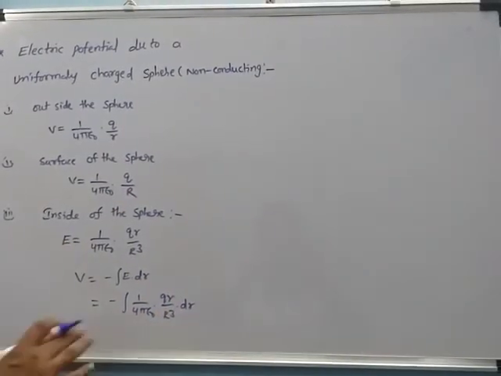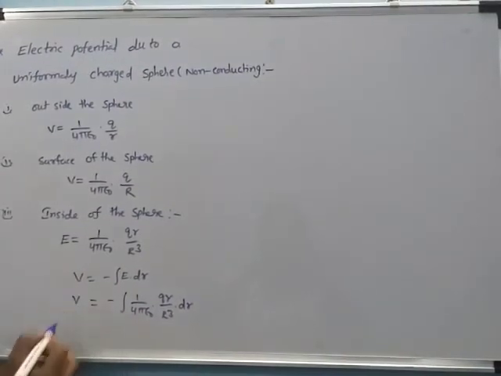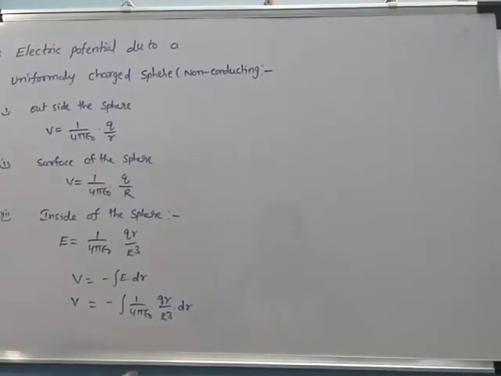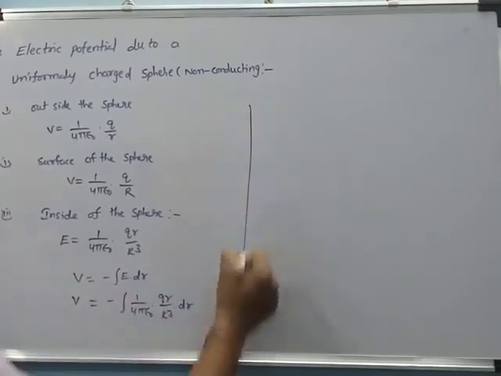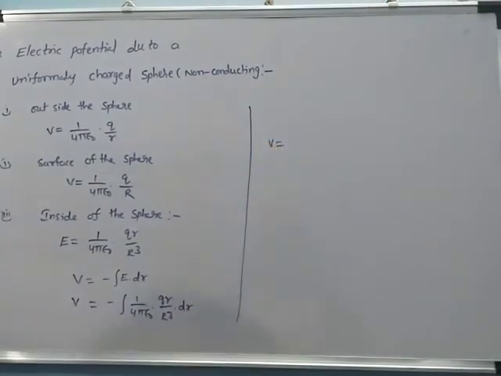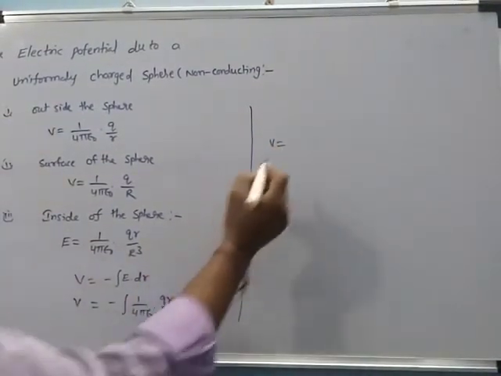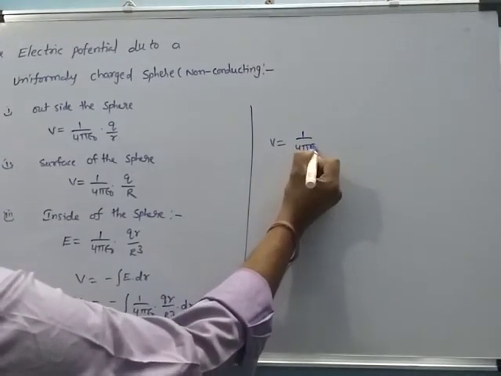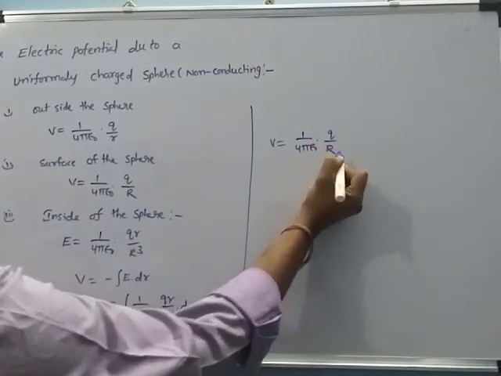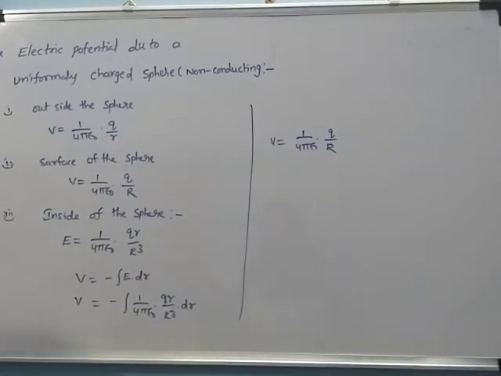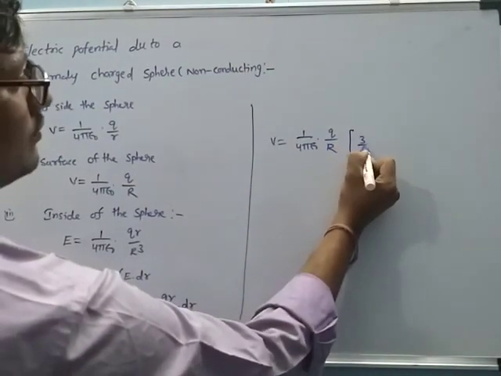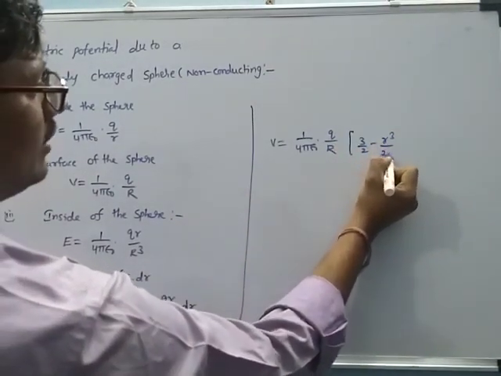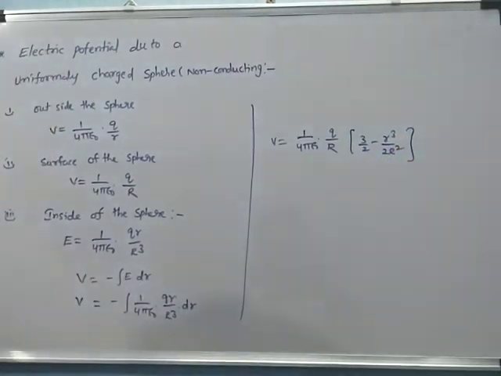Then after the integration, we get this equation for the electric potential: V is equal to 1 by 4 pi epsilon naught Q by R into 3 by 2 minus r square by 2R square.